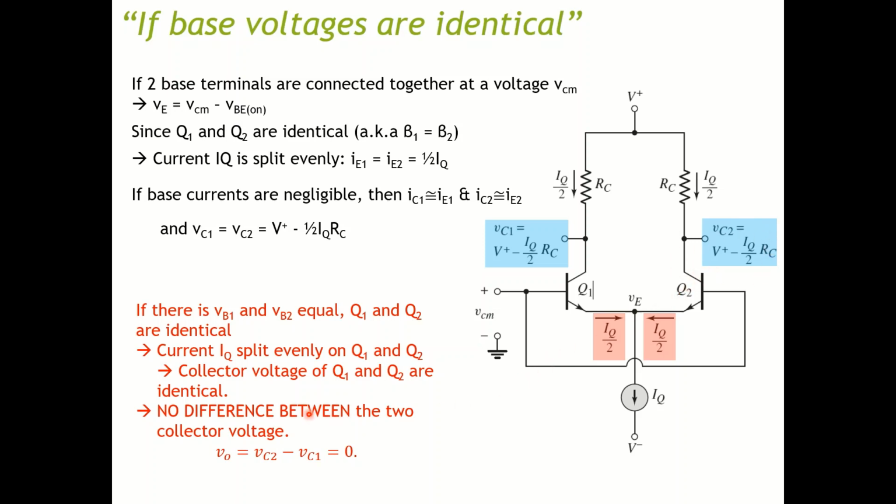Since there's no difference between the two collector voltages, when you find the output, you can define your output as VC1 minus VC2. Therefore, the output will be 0 since these two voltages are the same.